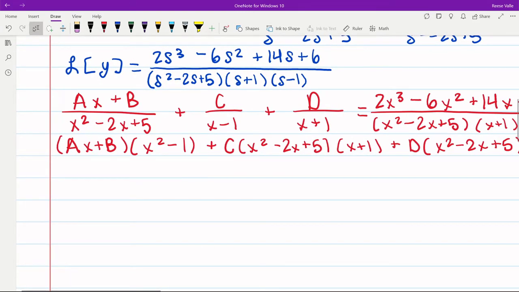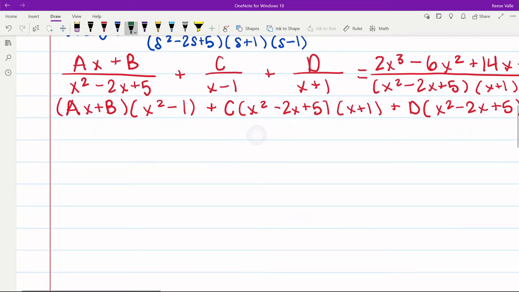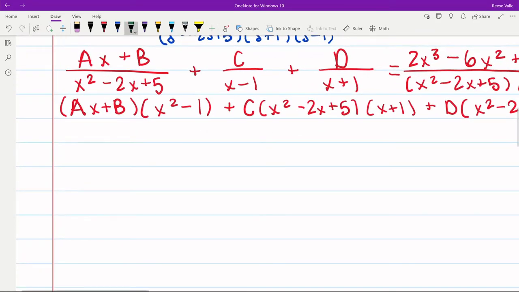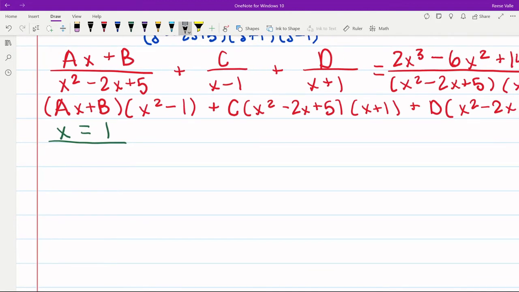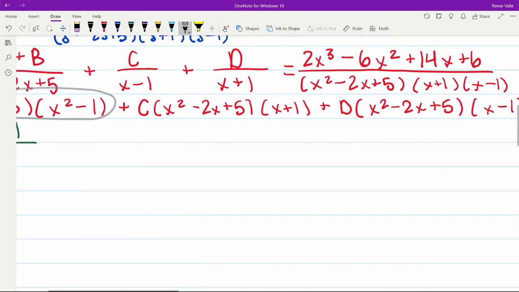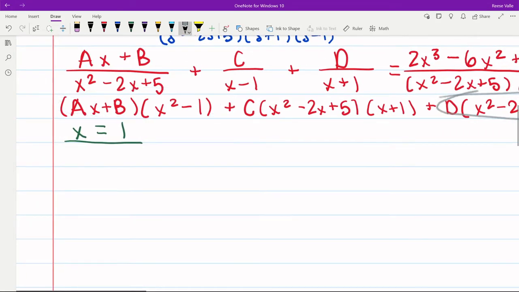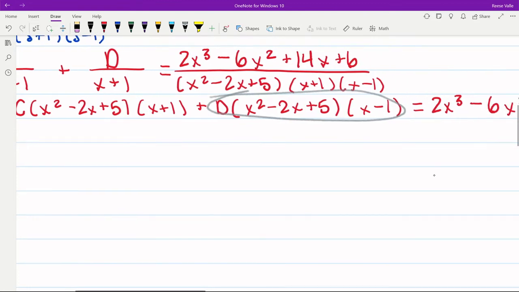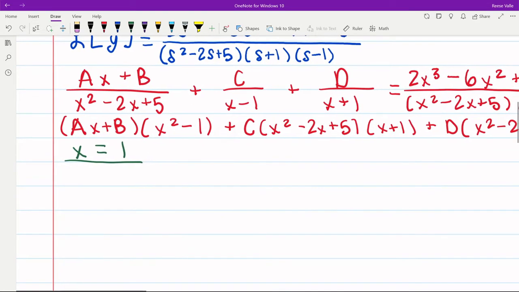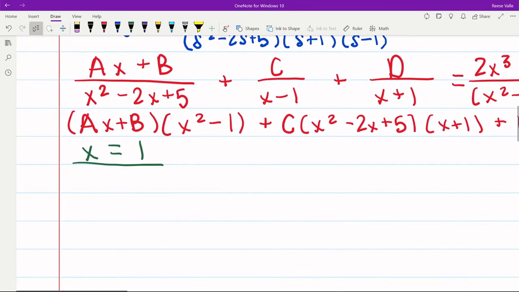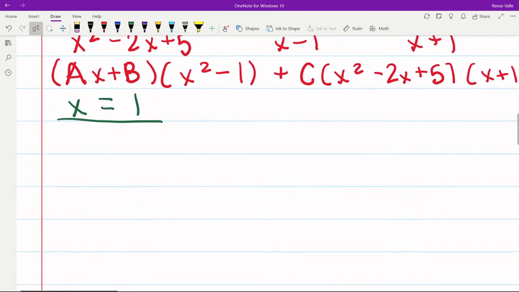Cool. And so my method of doing this, just to make it a little bit faster, I'm just going to plug in x equals 1. And if you do that, you'll notice that this entire term and this entire term are just going to be 0 because of x minus 1. That'll make the entire term 0, so it'll just be the c's.